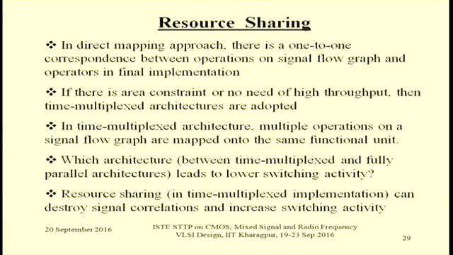If there is an area constraint or no need of high throughput, we are happy with whatever repeated operations are allowed, then go for this time multiplexed architecture, because this will save a lot of cost as far as the hardware is concerned. In time multiplexed architecture, multiple operations on a signal flow graph are mapped onto the same functional unit.